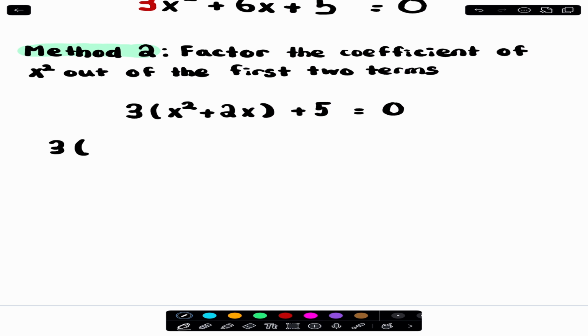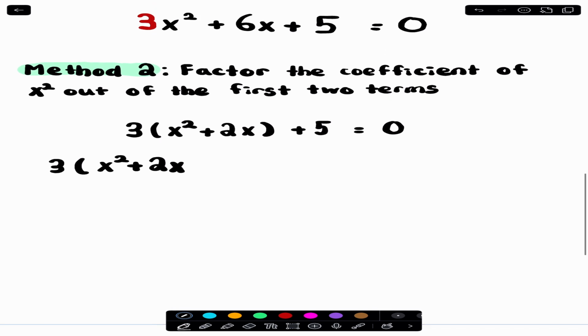So we know how to do that. For x squared plus 2x, we add 2 over 2 squared, as we've already done in the previous method. So that's going to be plus 1.